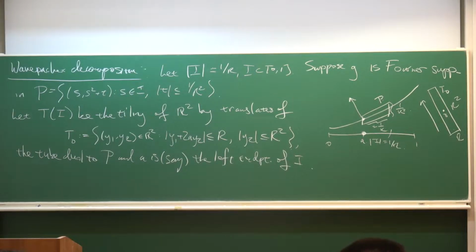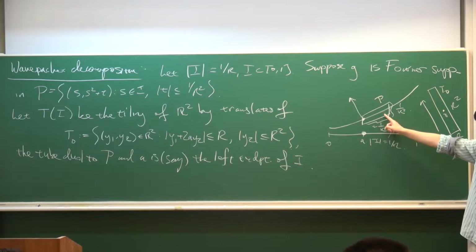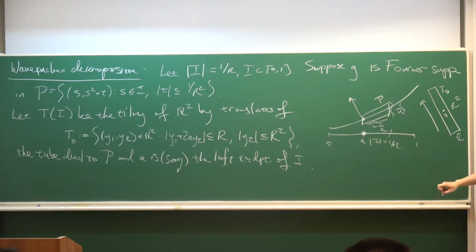And what did we talk about last time? Well, if g has Fourier transform supported in P, then the absolute value of g is essentially constant on any translate of T_0. This was because of some slight cheating, the phase heuristic.